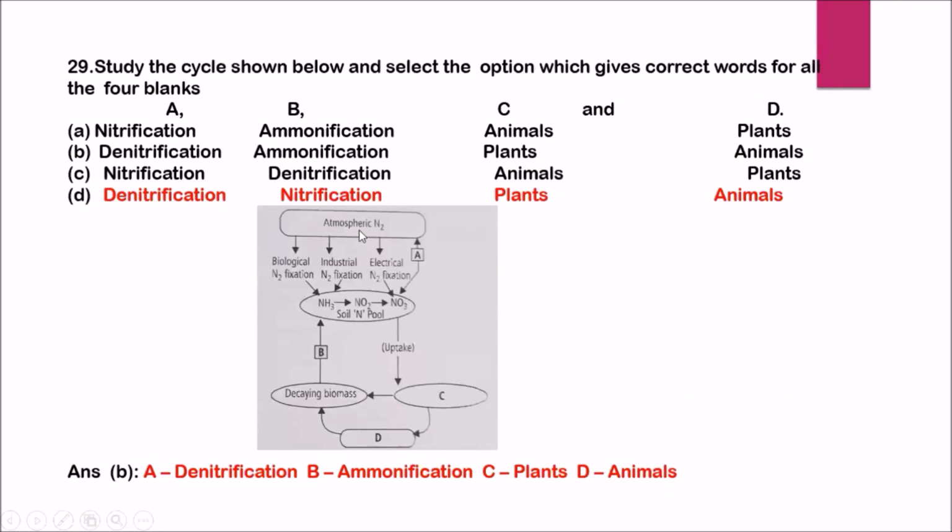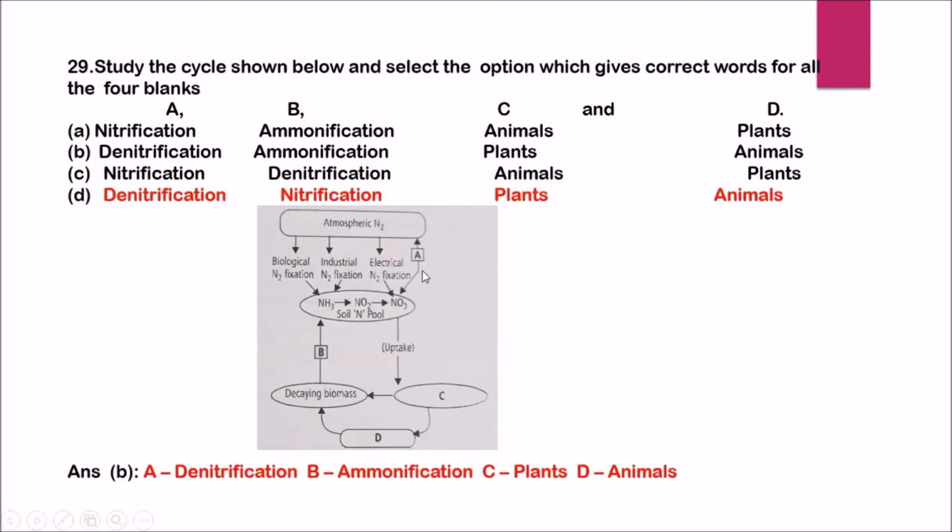Now study the cycle shown below and select the option which gives correct words for all four blanks. Now this is the diagram which is showing the cycle. Here we can see that atmospheric nitrogen is converted to ammonia, and it is converted to nitrate.